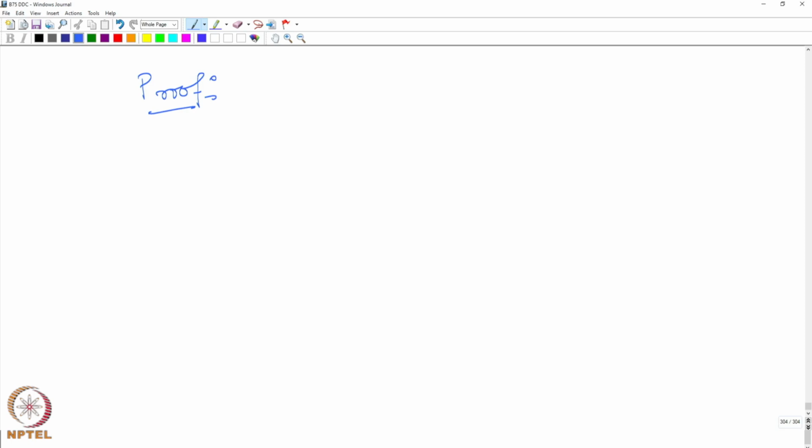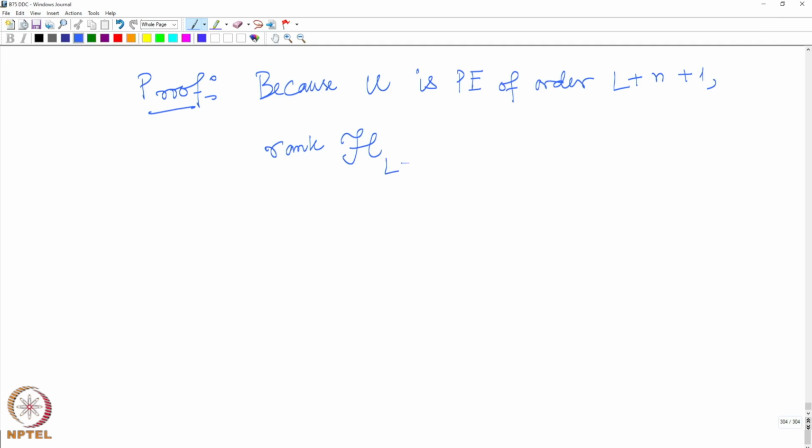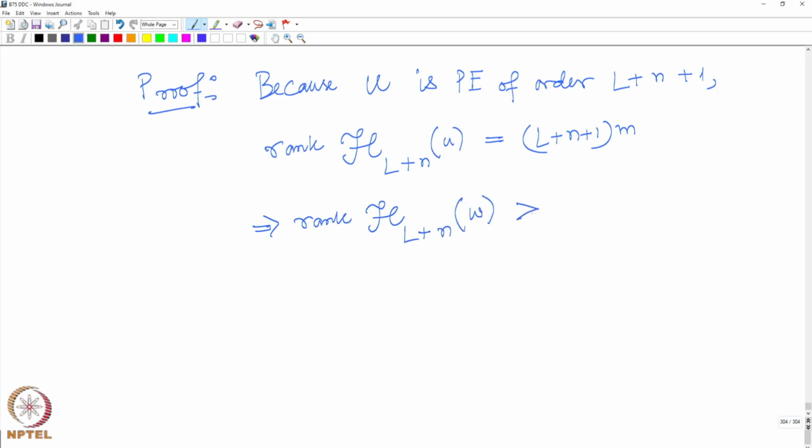So first thing we notice is that because the input u is persistently exciting of order L plus n plus 1, we have the following, that rank of H_{L+n}(u) is exactly equal to (L+n+1) times m, which then means rank of H_{L+n}(w) must be bigger than or equal to (L+n+1) times m, right?